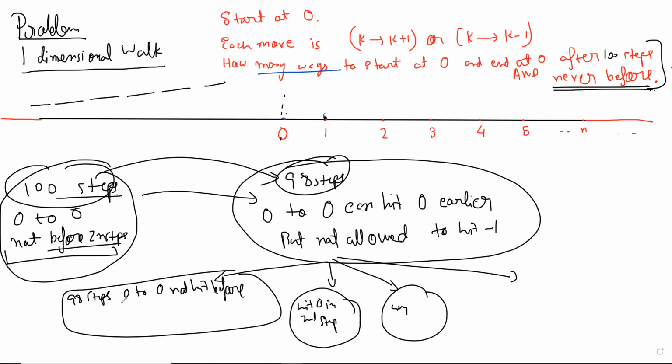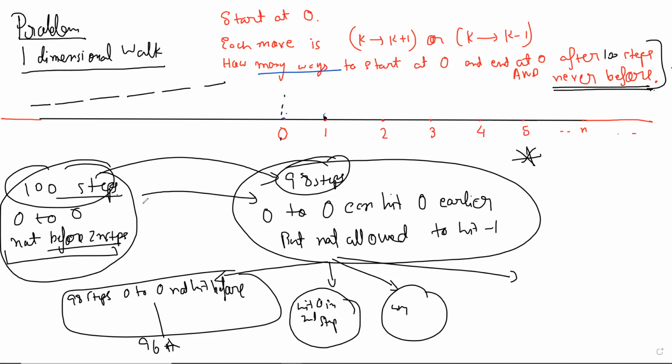Now this is the same thing: 98 steps not hitting before. You again remove the first and the last move of this. So this reduces to 96 steps of this problem.